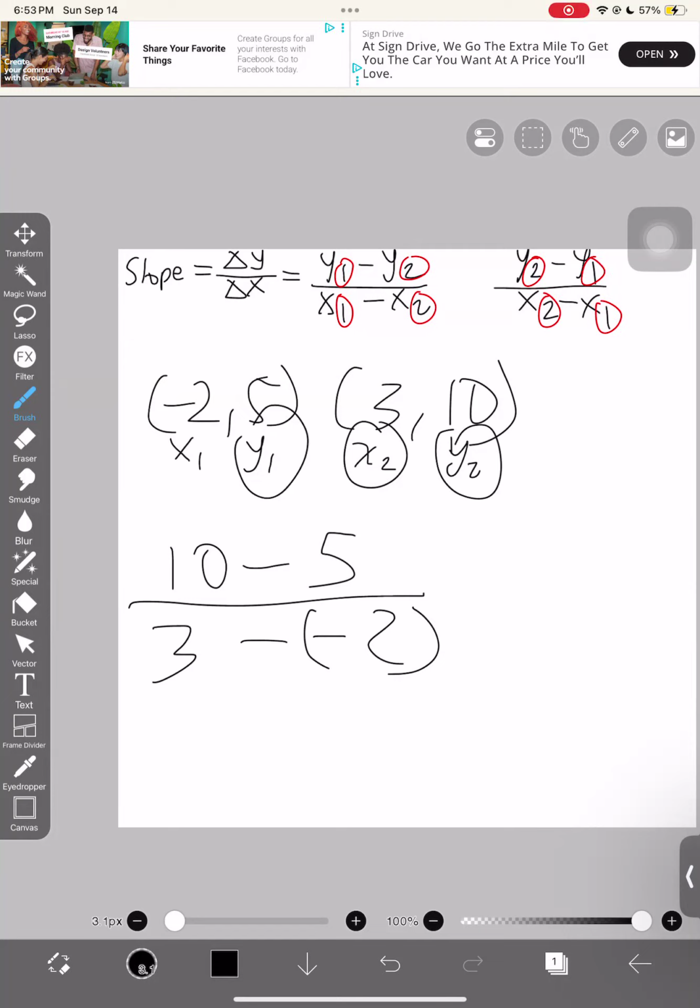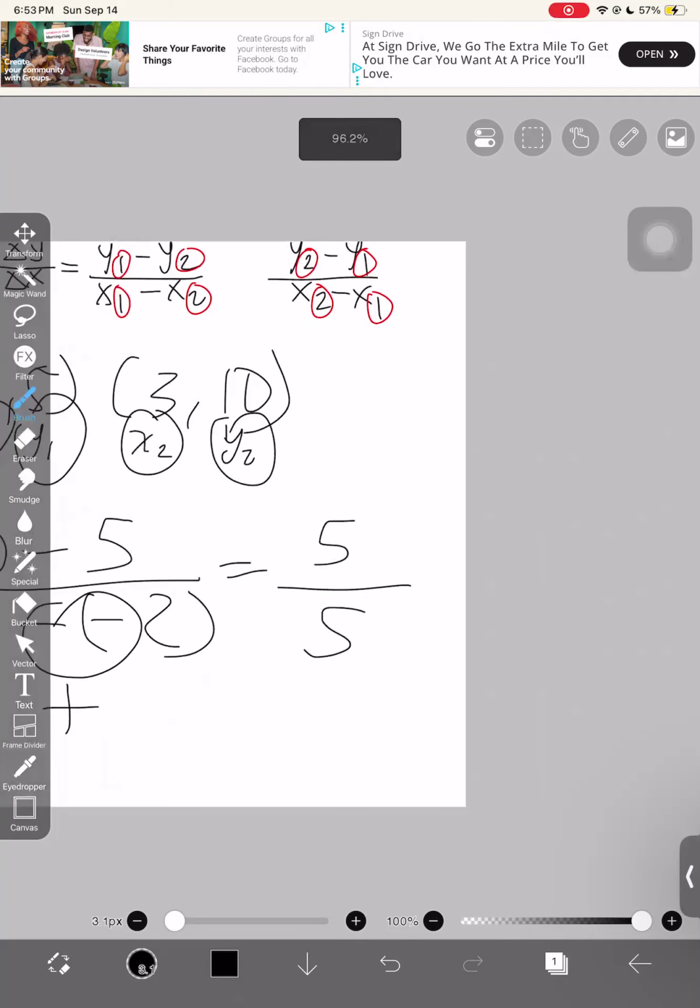Okay, notice how I did that. I have to do that at the bottom. So then 10 minus 5 is 5. And then this becomes, and our slope is just 1.